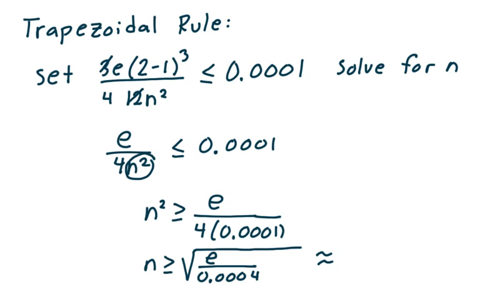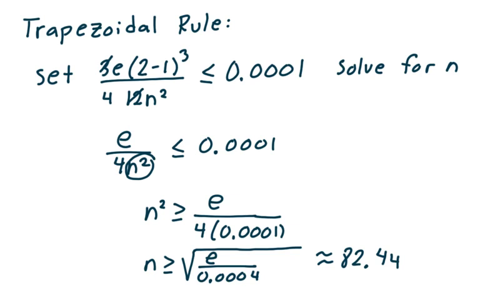And what is that approximately? So if we get out a calculator, I'm going to take e divided by 0.0004, and then I'm going to take the square root of that. And this is approximately 82.44.